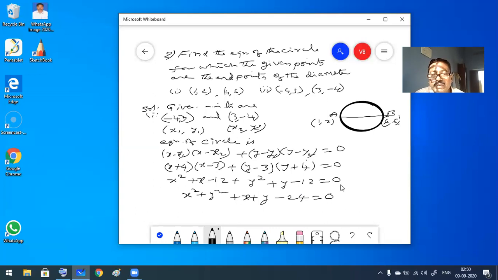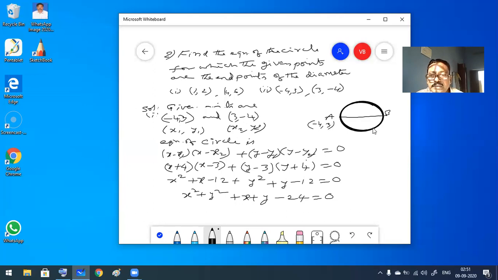So when the points are 3, minus 4, and this B, so it's minus 4, 3.